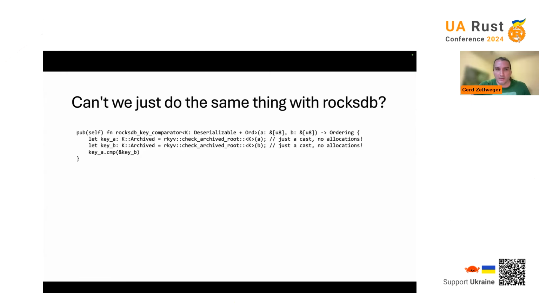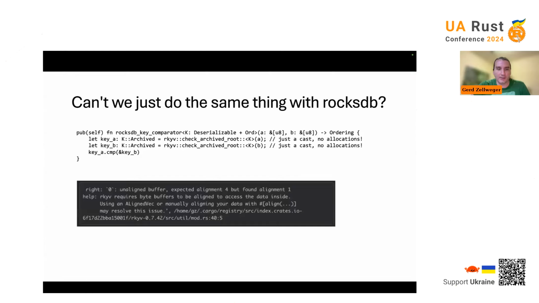If you do that in RocksDB, you'll find that once you run your workload, at some point things start to crash. And the reason it crashes is because typically the alignment is not guaranteed when you do these kinds of casts. So what happens is RocksDB returns a slice of bytes to you. This has an alignment requirement of 1 in Rust.